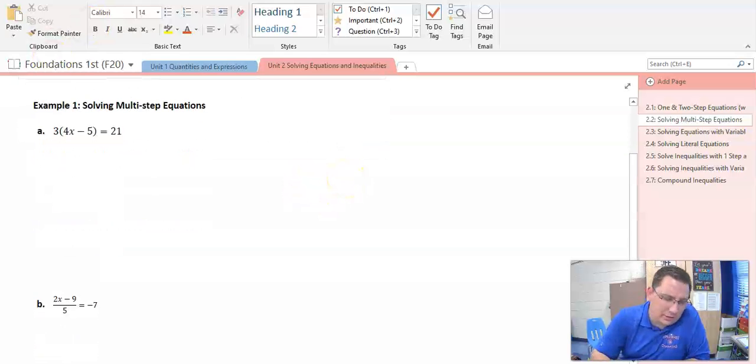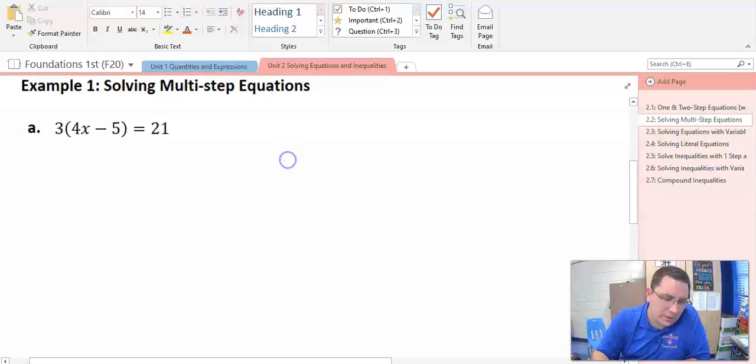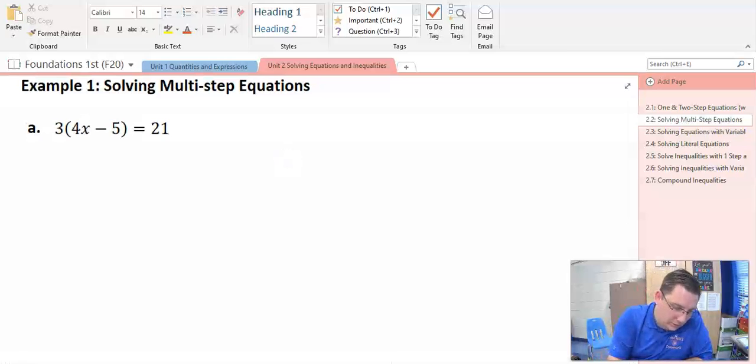So let's look at this first example here. We've got 3 parentheses 4x minus 5 is equal to 21. We could do this in one of two ways. We talked about this in the video for 2.1, that we can either distribute this 3 in or we can divide by it, remember?